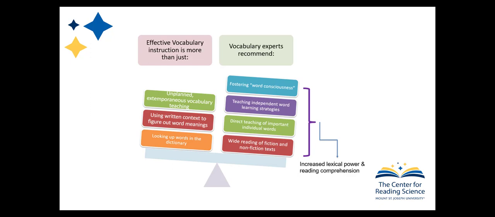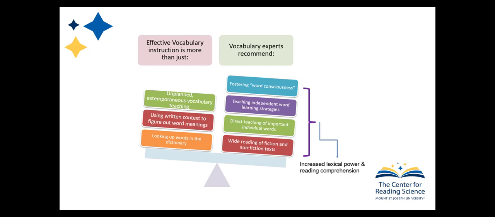On the right side of this balance, one, fostering word consciousness. This refers to creating an environment of curiosity around words and word learning, pointing out interesting words, making new vocabulary acquisition an exciting activity, both in and outside the classroom. Two, teaching independent word learning strategies refers to the teaching of morphology, context clues, and dictionary or thesaurus skill use to teach students independent ways to access new word meaning.